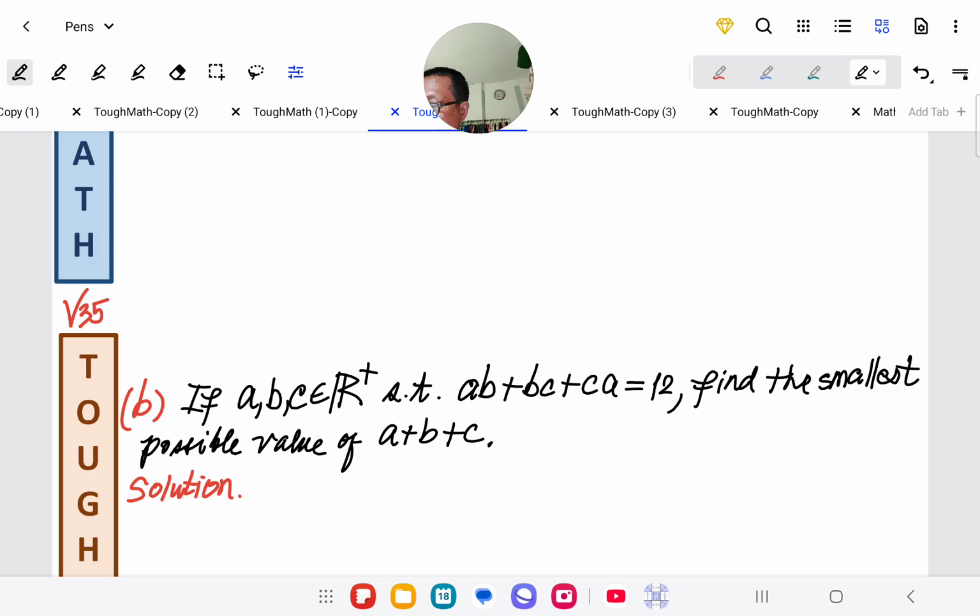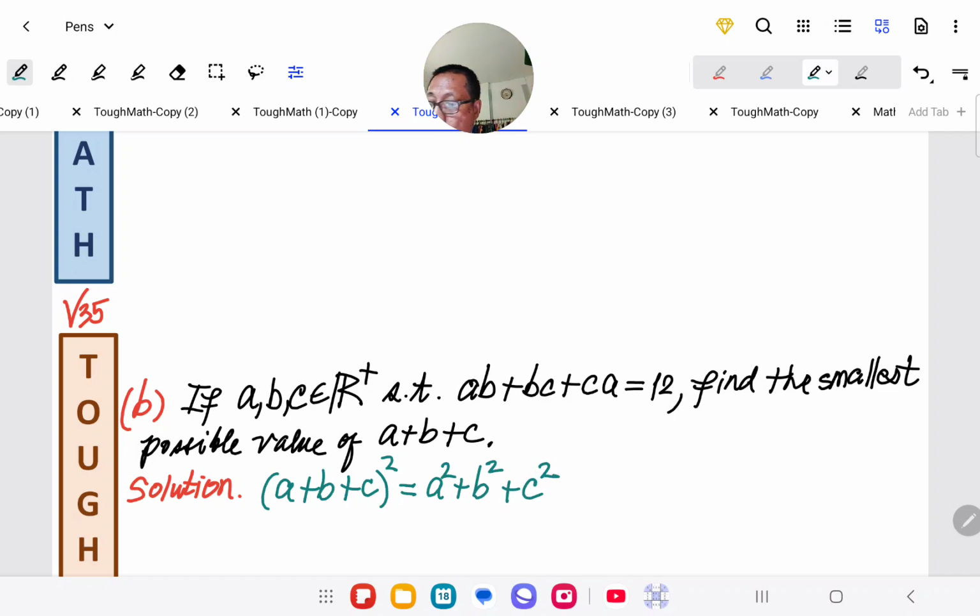Okay, so we have (a plus b plus c) squared is equal to a squared plus b squared plus c squared plus 2 times (ab plus bc plus ca).